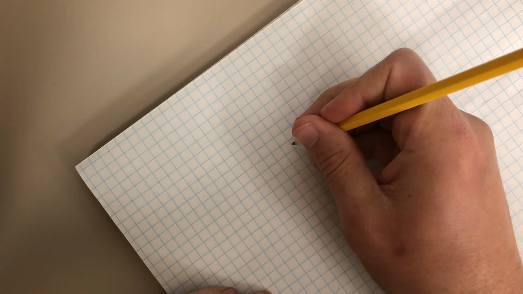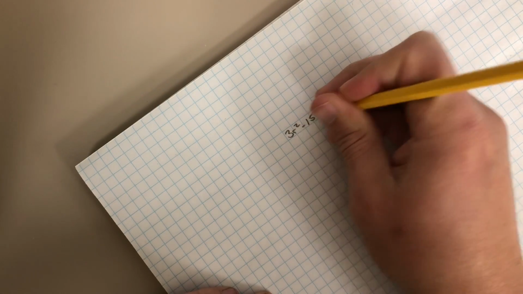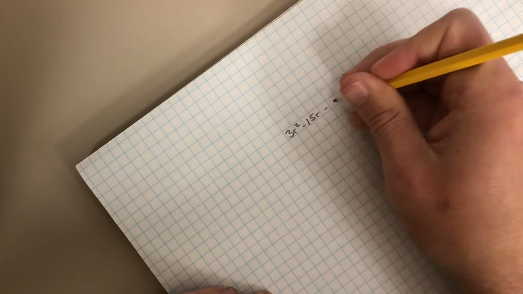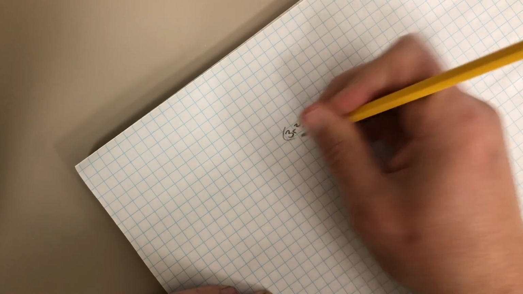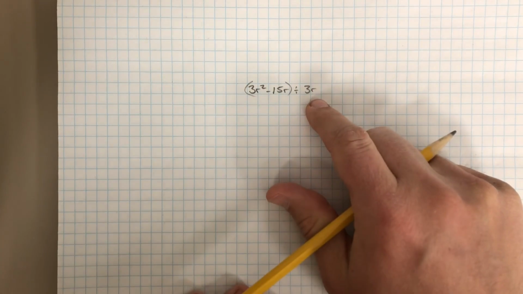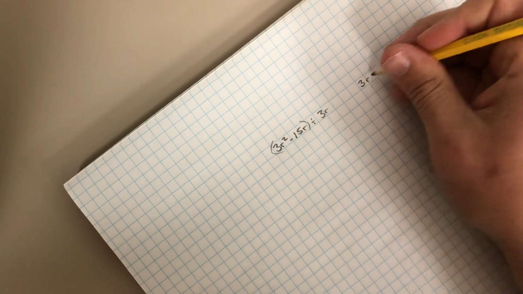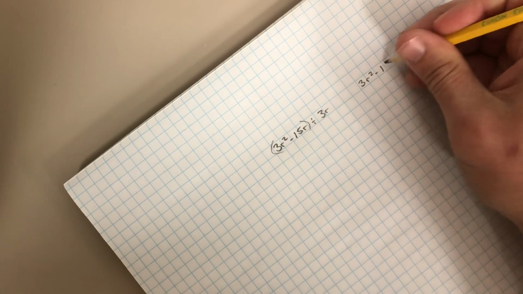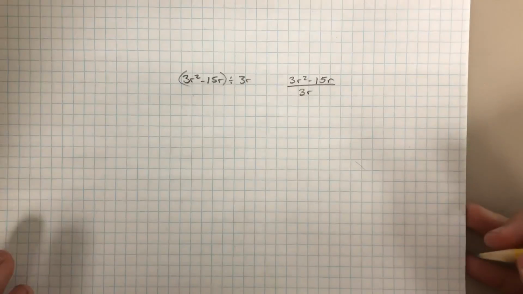3r squared minus 15r divided by 3r. Okay, so we're taking this first polynomial, and this time we're just dividing it by a monomial. Another way to write that would be 3r squared minus 15r over 3r.